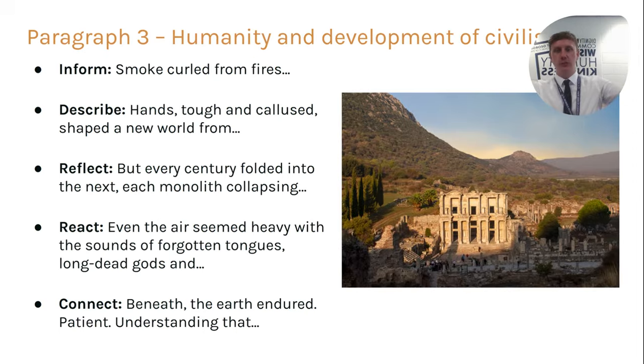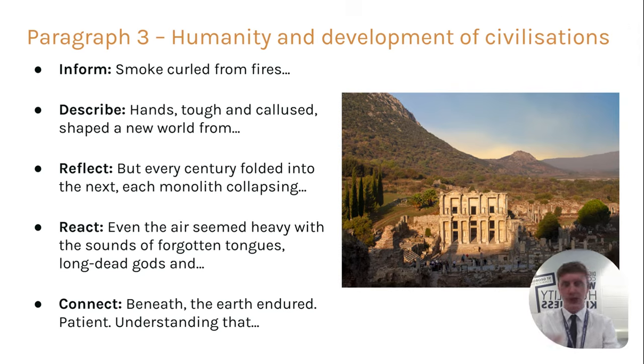Okay, then we go humanity and the development of civilization. Let's get my large head out of the way. Everything should be fairly straightforward here. Hands tough and calloused. So callous means like they built up kind of hard skin from hard physical labor. Not the soft hands of someone that analyzes poetry all day.